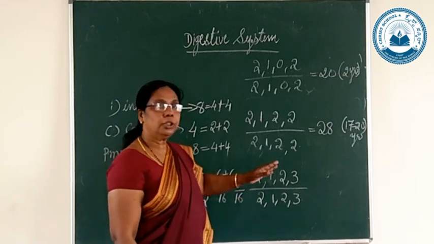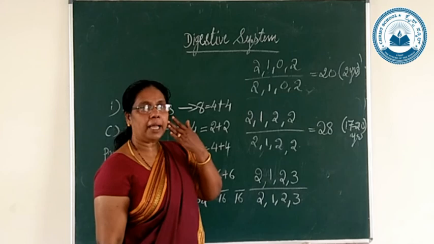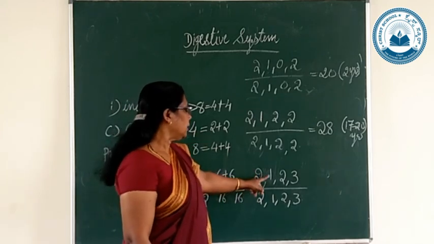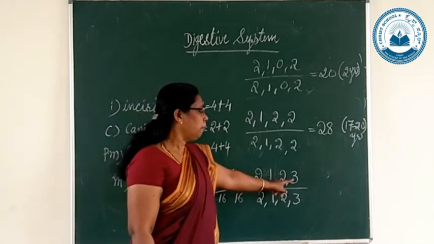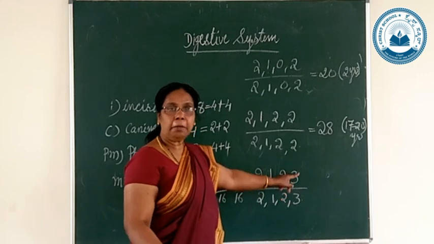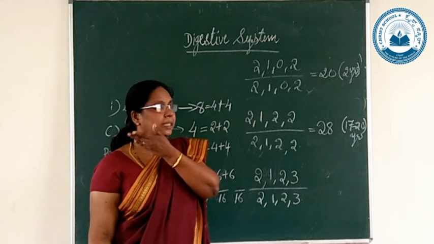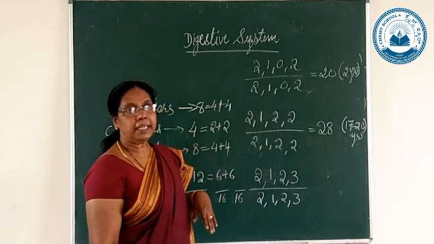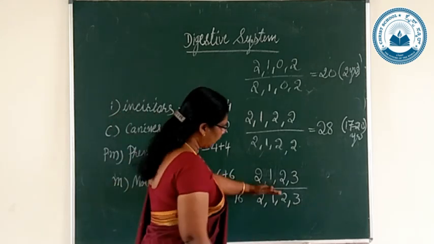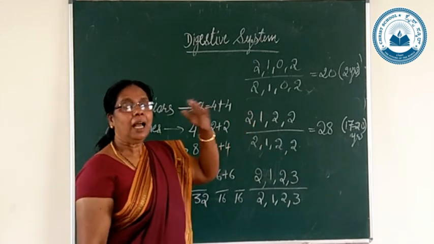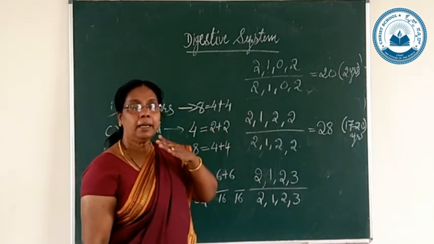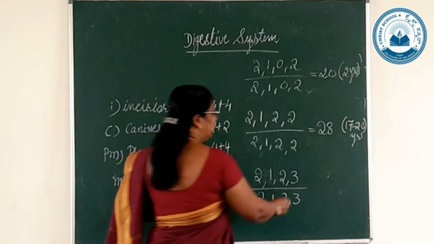So the upper jaw is not fully on one side. Here 3 plus 2, 5, plus 3, 8. 8 on this side, the upper side, 8 on this side. So 8 plus 8, 16, on the upper side 16, and on the lower side again 16. So 32.